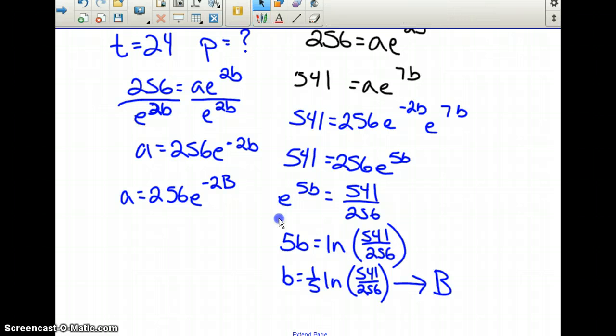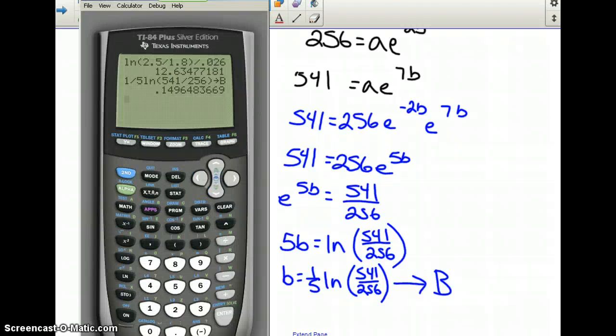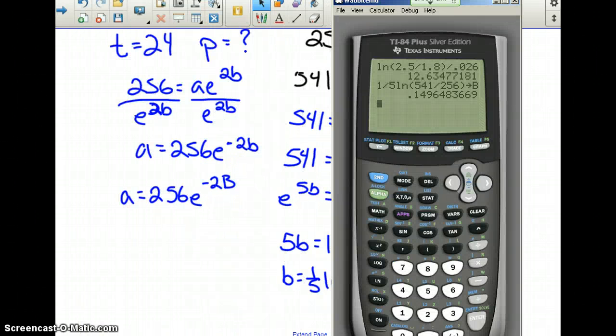So that's going to be 256, e, oh, not ln, e to the negative 2 alpha b.